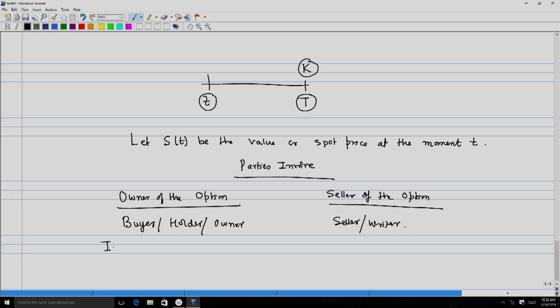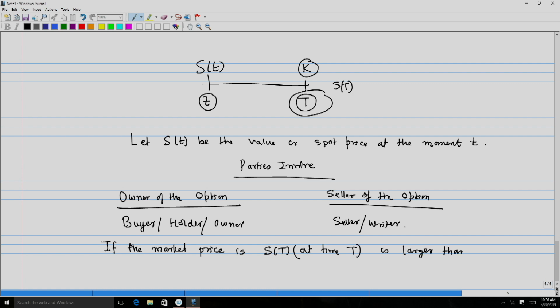Next, to put it in some mathematical formulation, I am talking about the market price at time capital T. At small t the spot price was S of t, and S of capital T is the price of the stock at time capital T, the expiration. If the market price S of capital T is larger than the strike K, then the owner will exercise the call option.